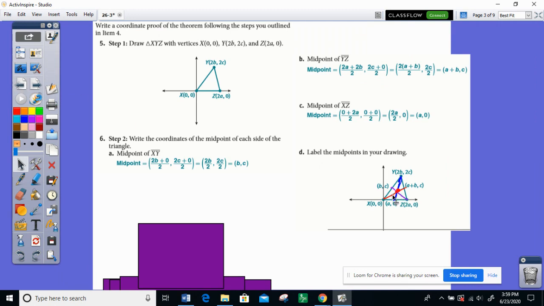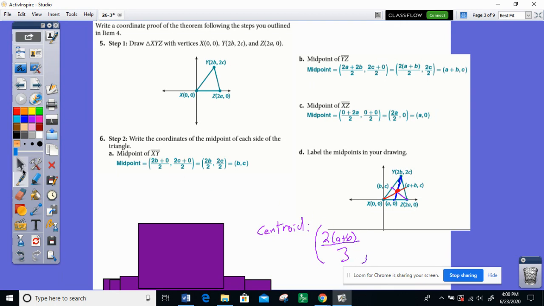So in terms of A, B, and C, we found that this centroid has coordinates 2 times A plus B over 3.